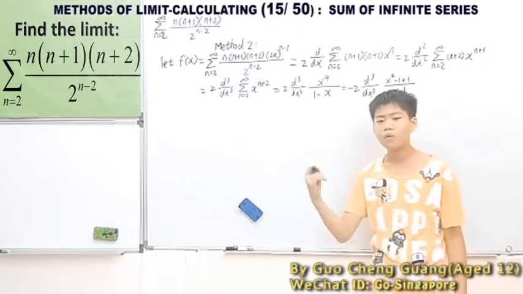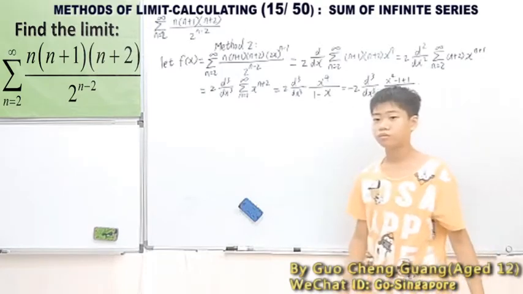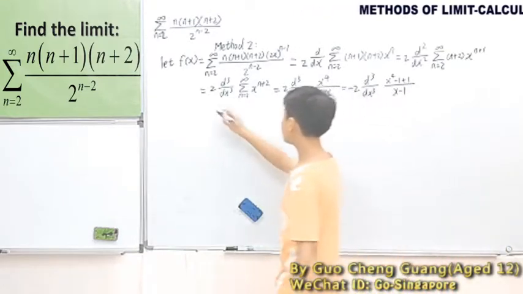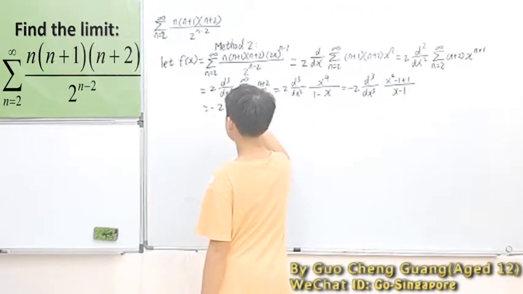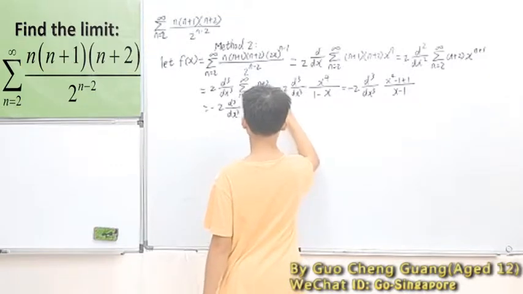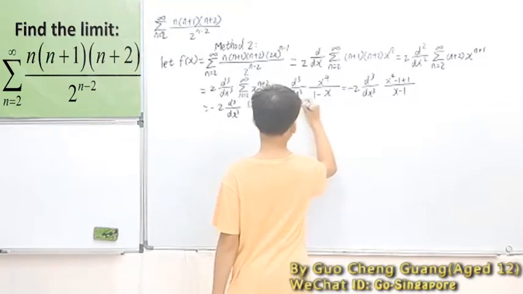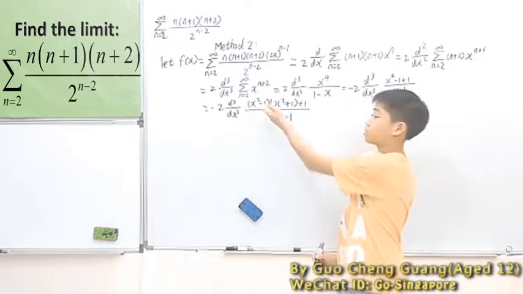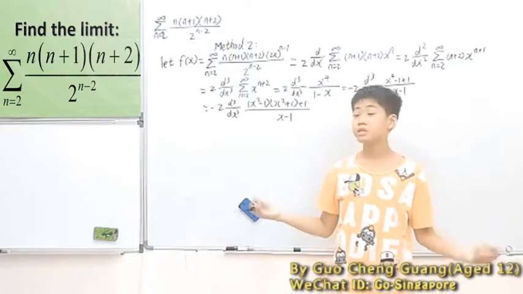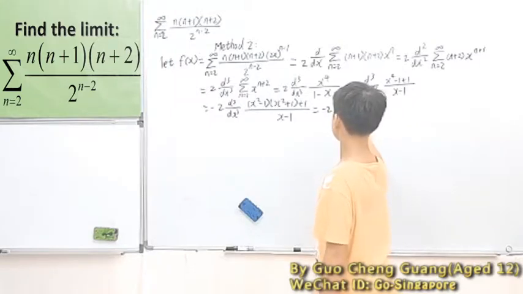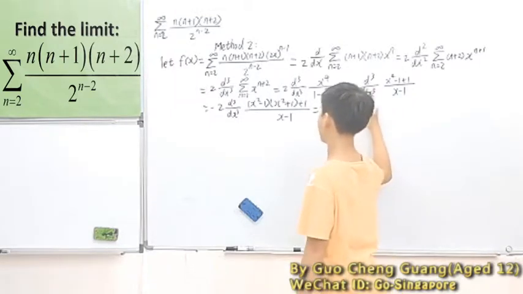Like this. But now what happens? This is to the power of 4. So what happens? But wait, I will continue this. This is a little bit more complicated. But now you have this square. What happens? Simplify.